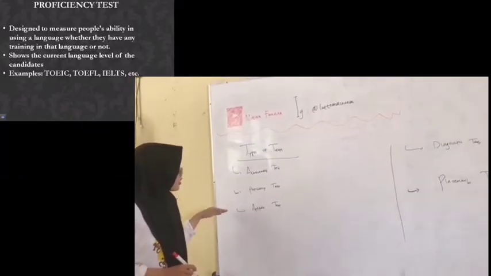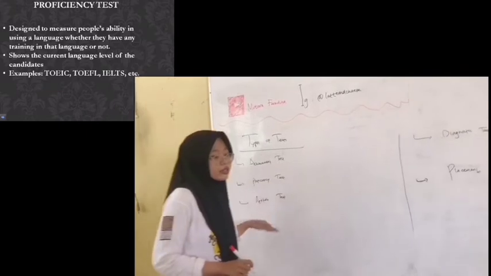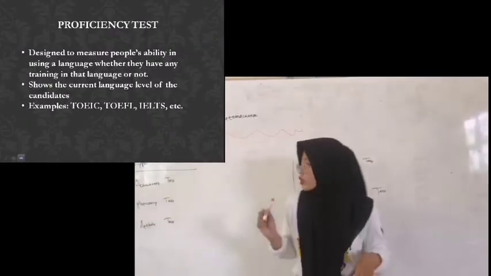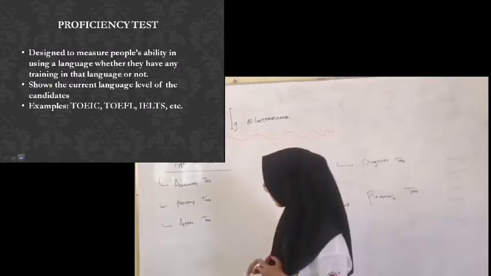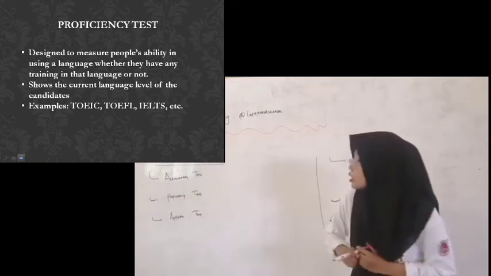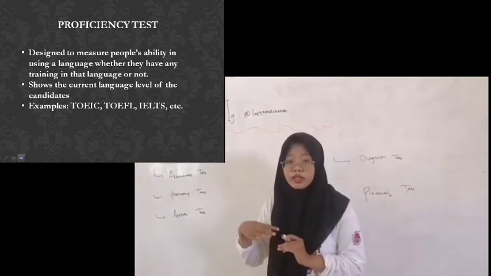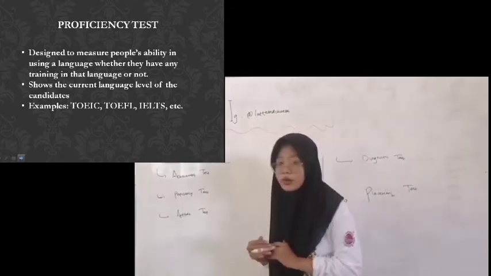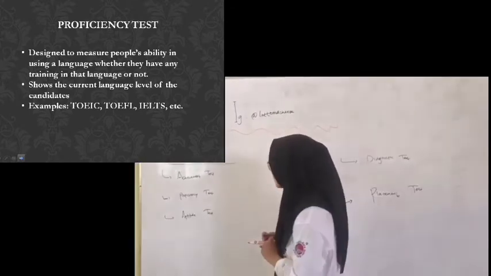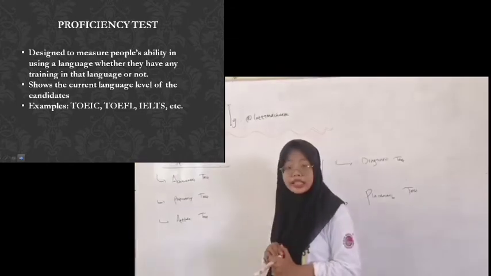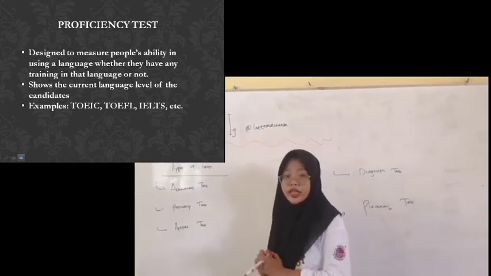Next is the proficiency test. This test measures your capability in using language. It also shows your current level of using the language. The examples of this test are TOEFL, IELTS, and TOEIC.